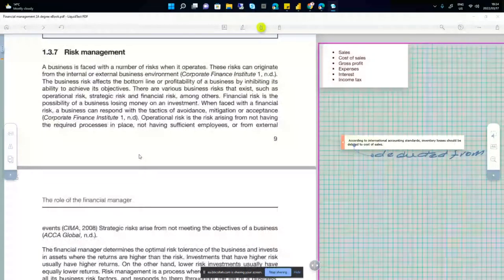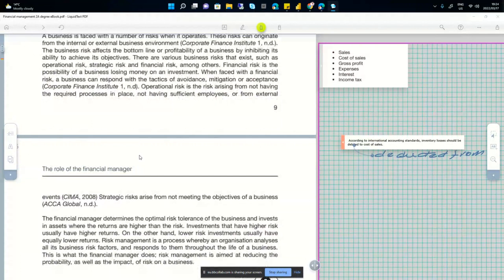And we have the risk management side of it, quite important, because before you begin any business, you need to take into account the risk. There's quite a simple principle for all of you to understand: the more risk that is taken, the more the return.